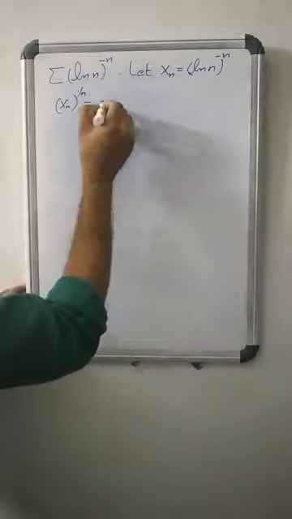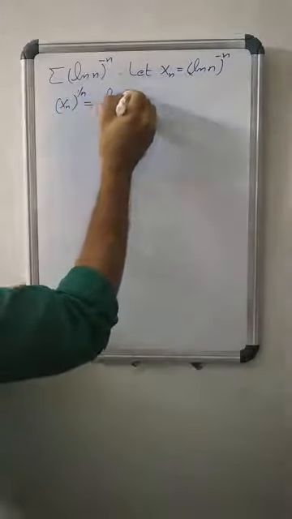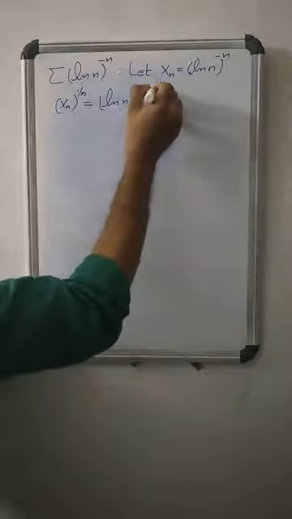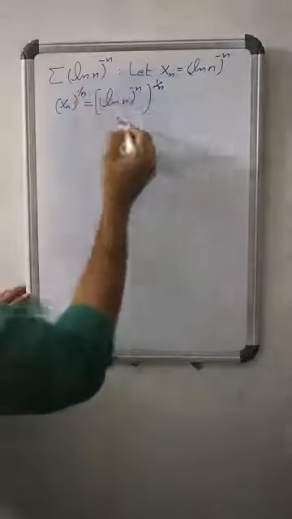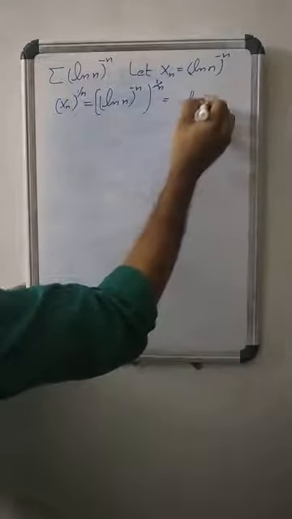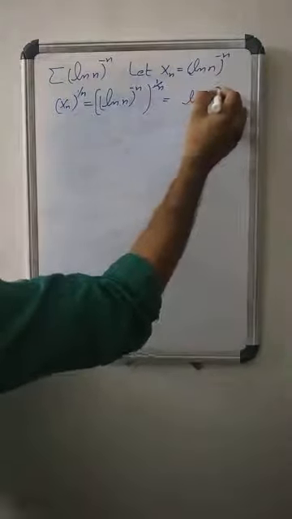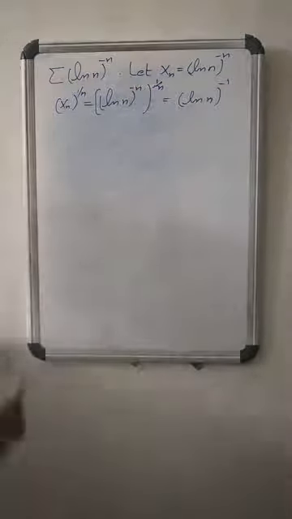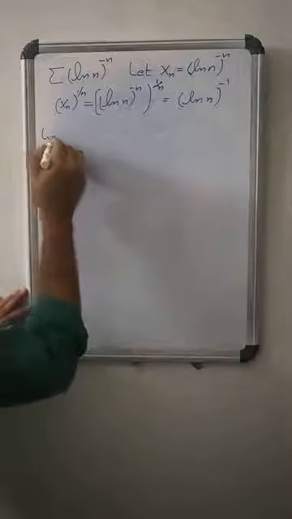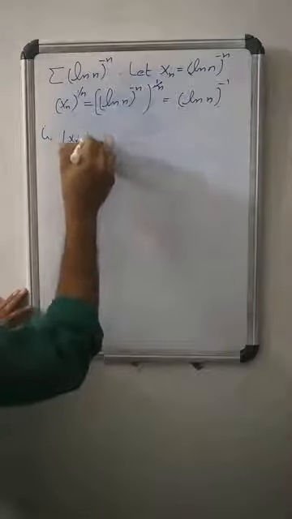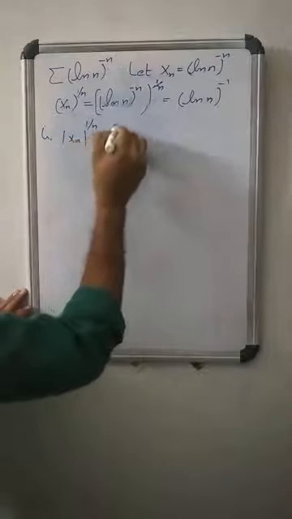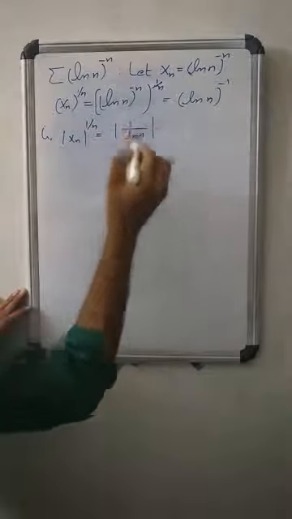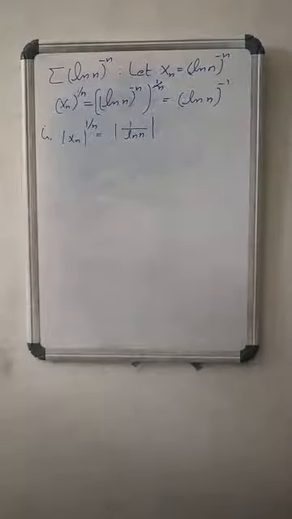Xn to the power 1 by n is ((log n) to the power minus n) to the power 1 by n, which equals (log n) to the power minus 1, as n and n cancel each other. That is, modulus of xn to the power 1 by n equals modulus of 1 by log n. Agreed? (log n) to the power minus 1 means 1 by log n.